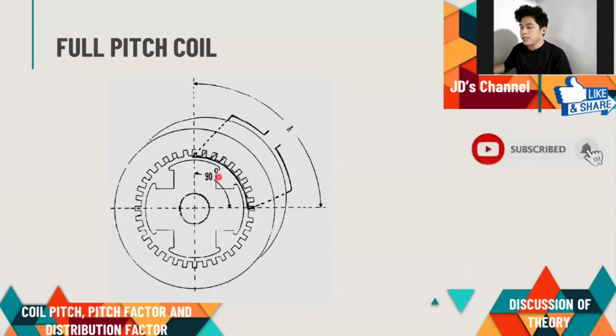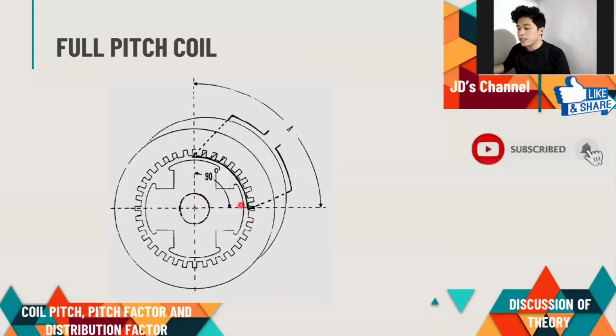In addition, the angular distance between the coil sides and the adjacent pole centers is also measured in electrical degrees. The angular distance between adjacent pole centers is 180 electrical degrees.